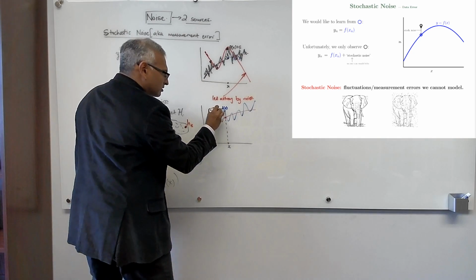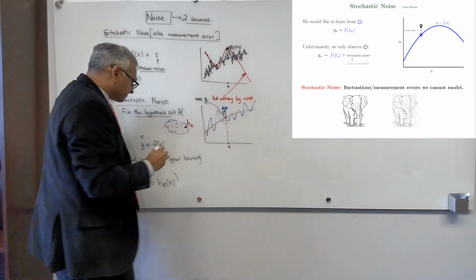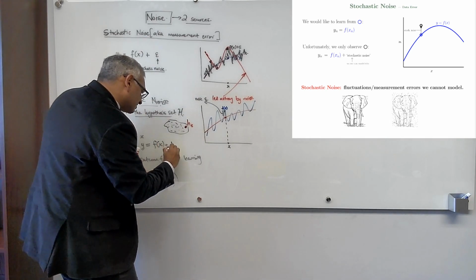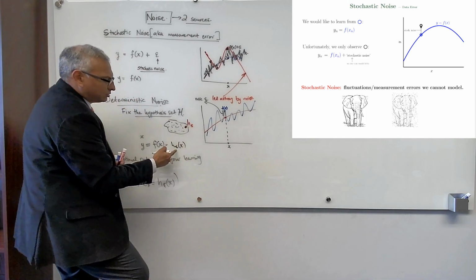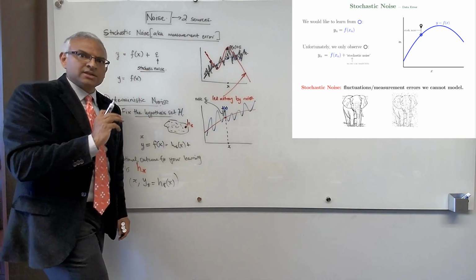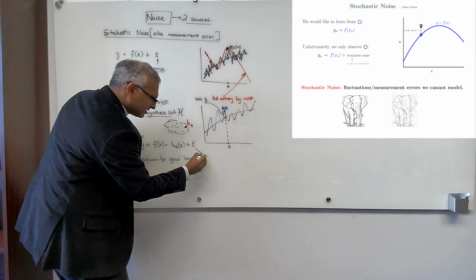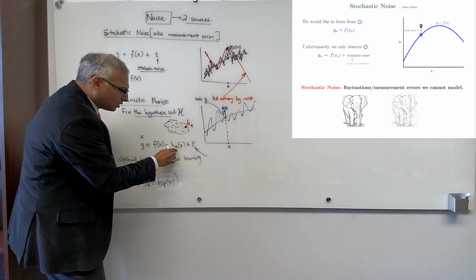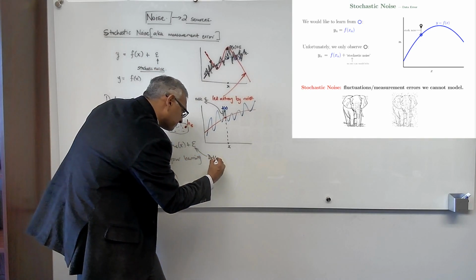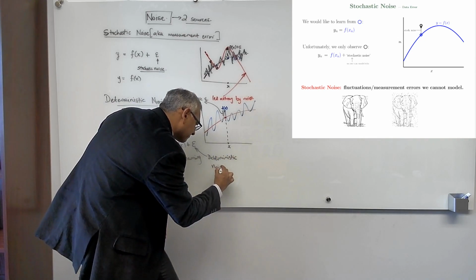You can think of this as a noise, epsilon. Then Y is equal to H star of X, what you can model, what you'd like to learn from, plus a perturbation, an epsilon. And this perturbation from what you would like to output is what we call the deterministic noise.